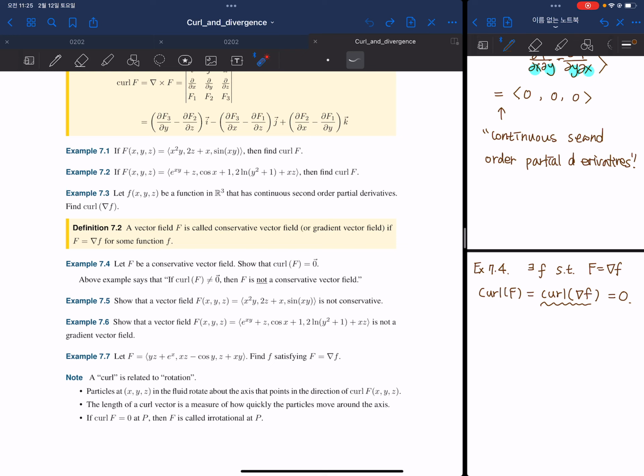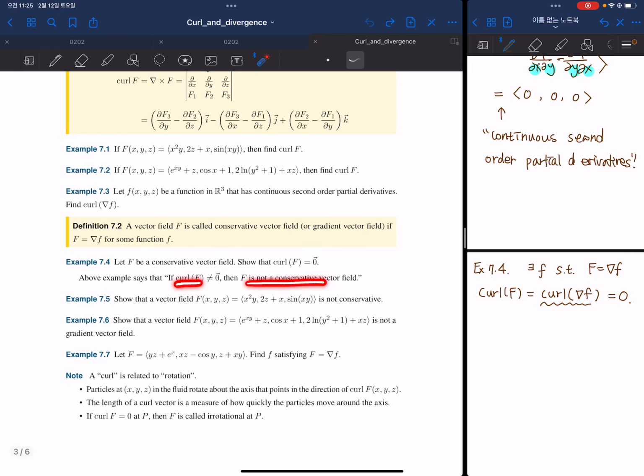And if we think about this example again, taking the negation of our result, if the curl of F is not 0, then, negating our assumption, F is not a conservative vector field. I mean, we can say that if the curl is not 0, then F is not a conservative vector field. So it is useful when we need to solve this kind of example.